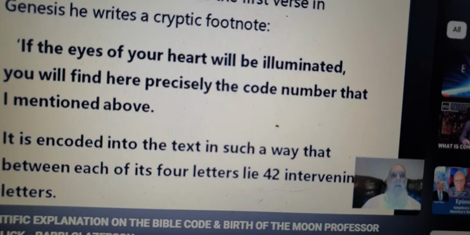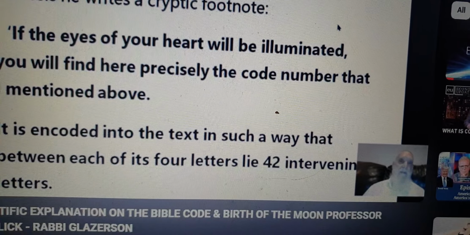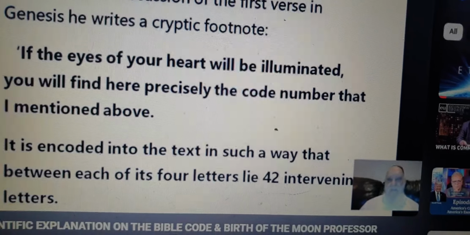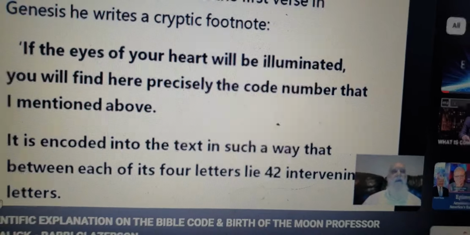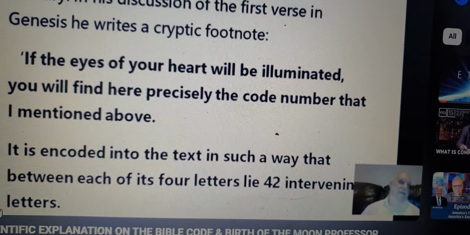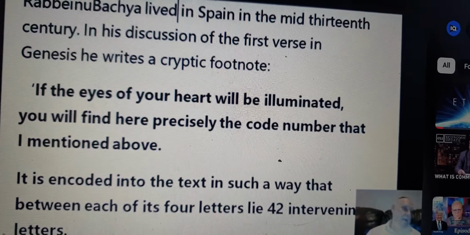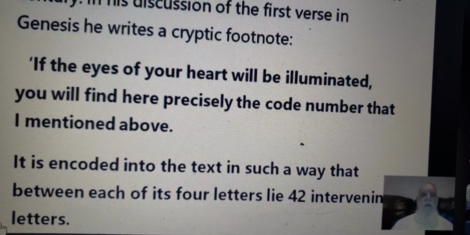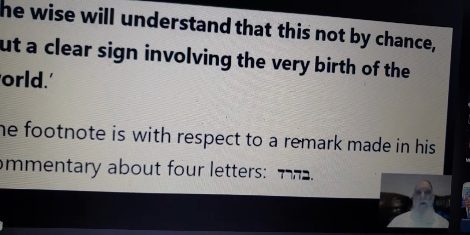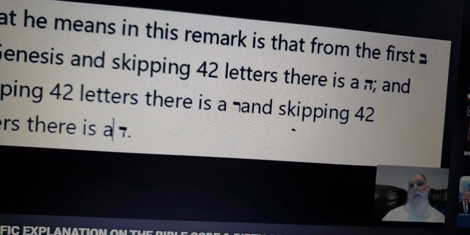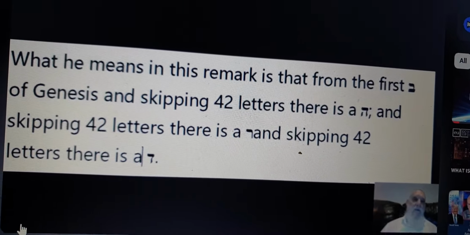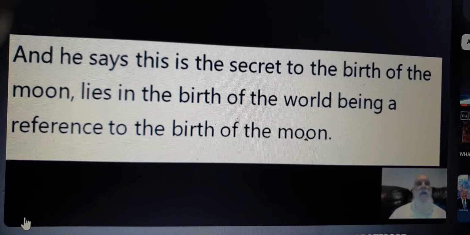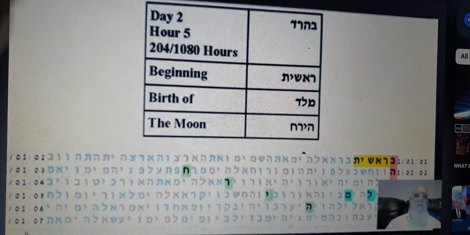He lived in Spain in the mid-13th century, and already there was known the secret of the birth of the moon, while NASA knew it in 1996. One of the clear proofs that Torah is from heaven, because it is a clear proof that Jews knew many, many years from the revelation of Sinai exactly about the creation of the world.